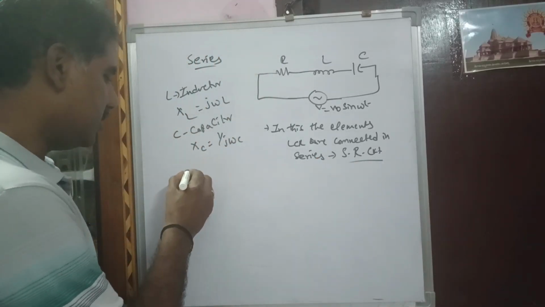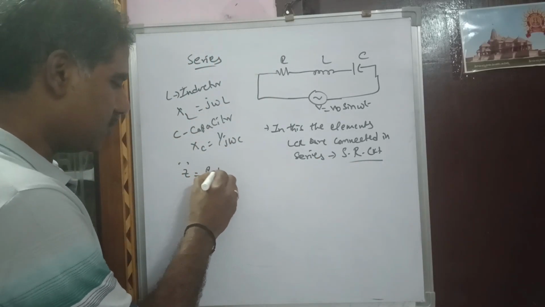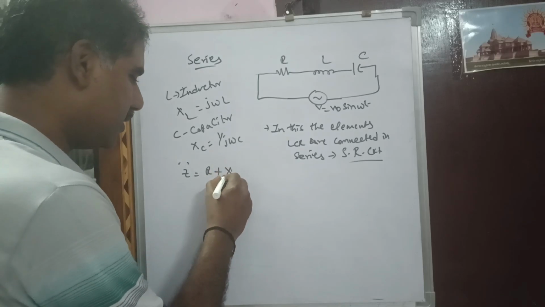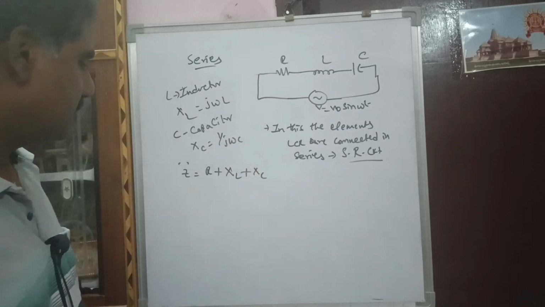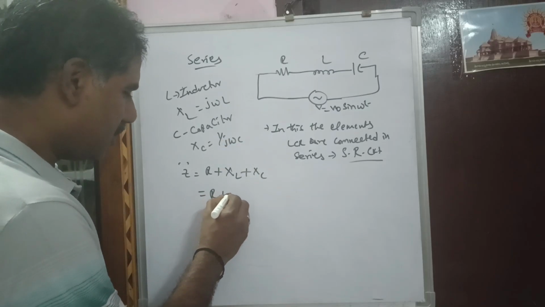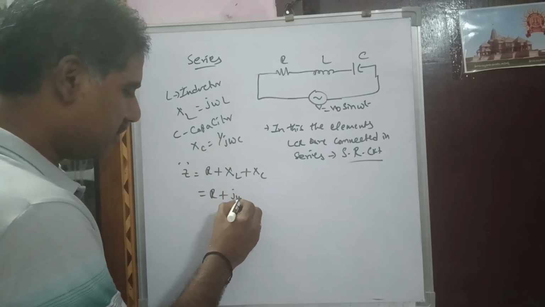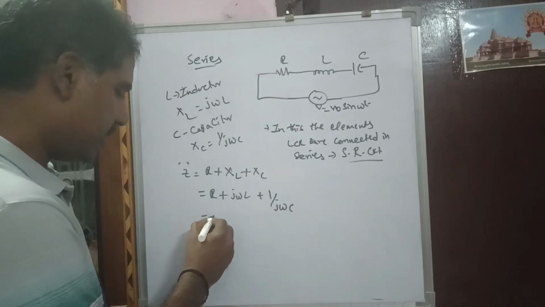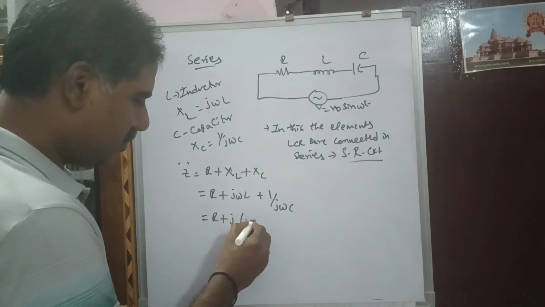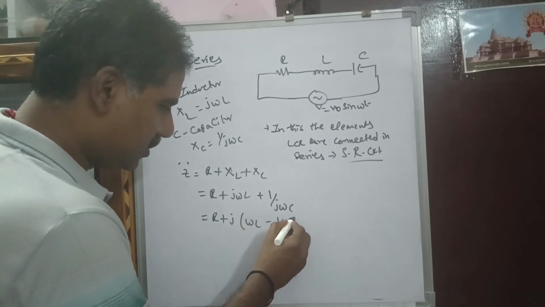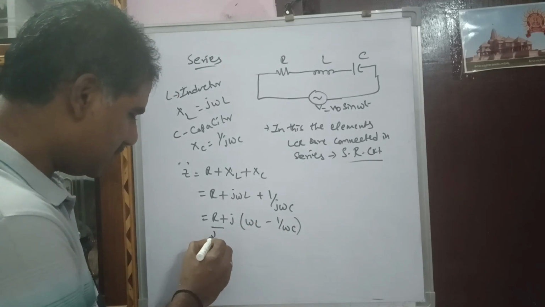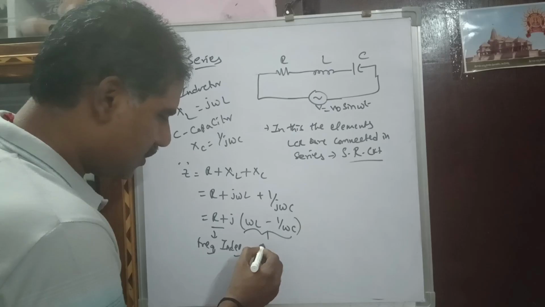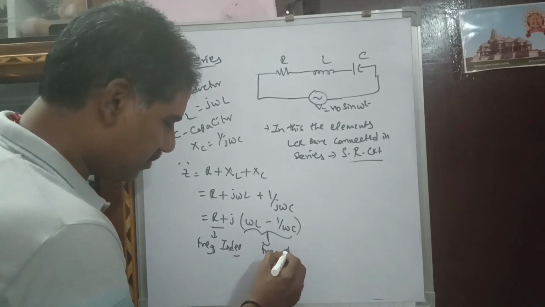For that, the impedance Z is equal to R plus the reactance of the inductor XL plus XC, that is j omega L plus 1 by j omega C. This can be written with j common: omega L minus 1 by omega C. This is the frequency independent term, whereas this is the frequency dependent term.